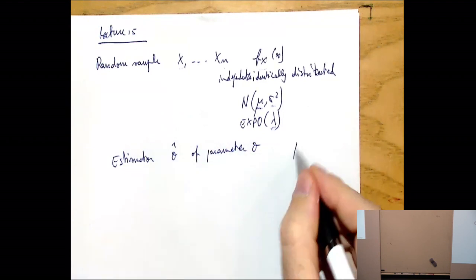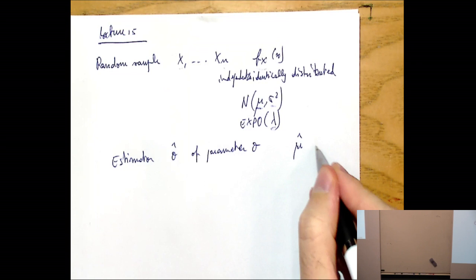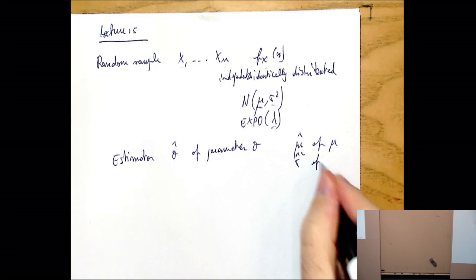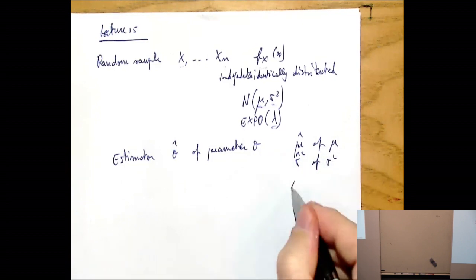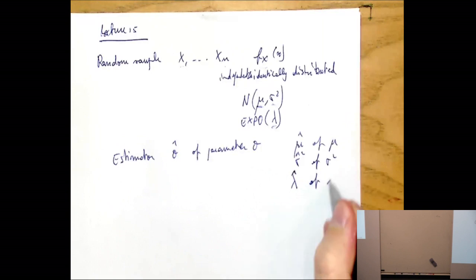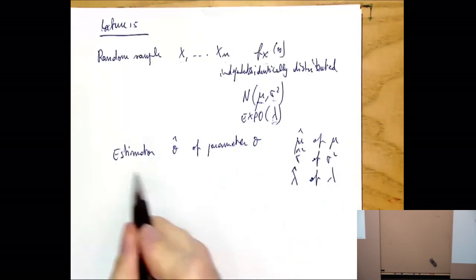So for instance, mu hat can be the estimator of mu. You can have sigma hat square, which would be the estimator of the variance. You could have lambda hat, which would be the estimator of the lambda of the exponential distribution, right?